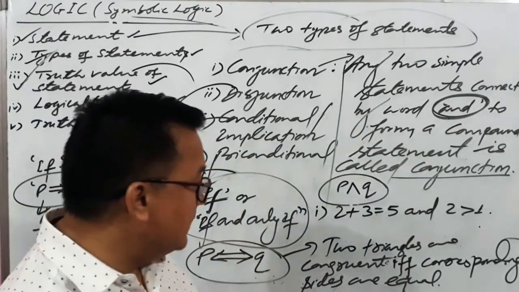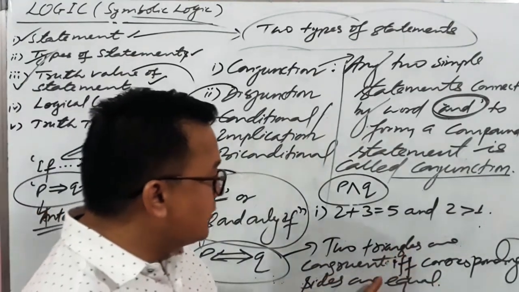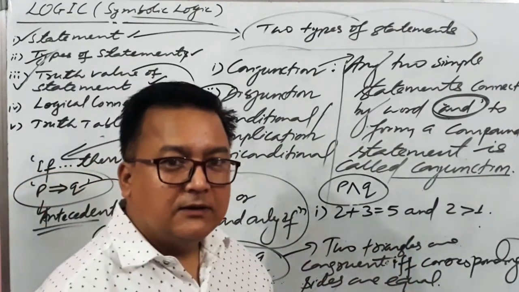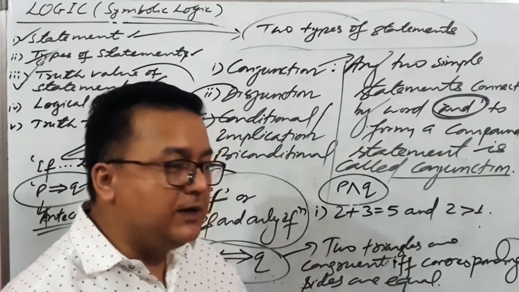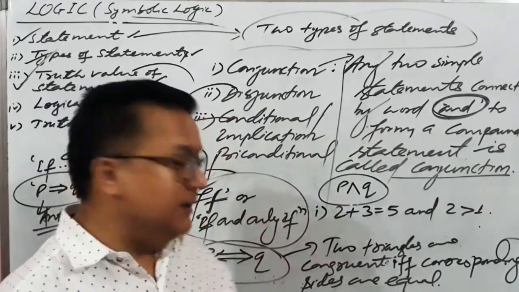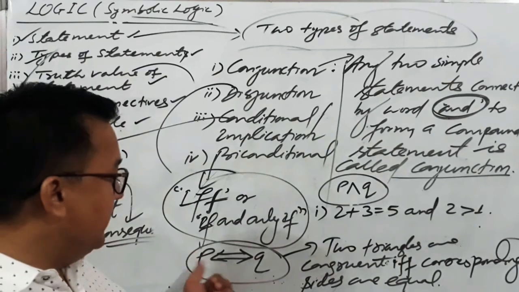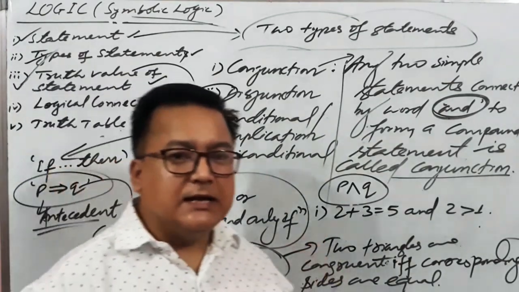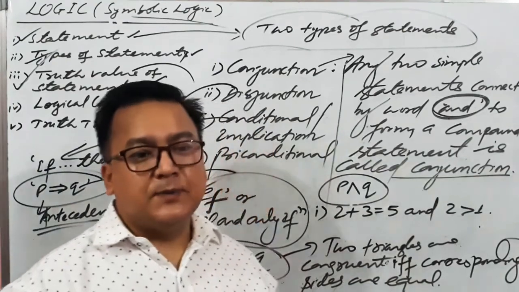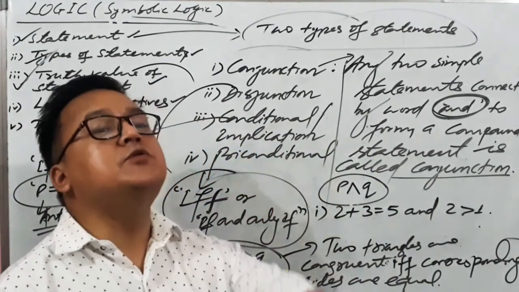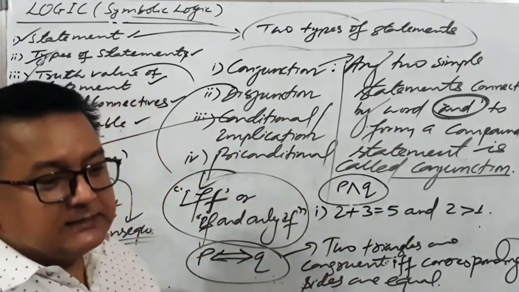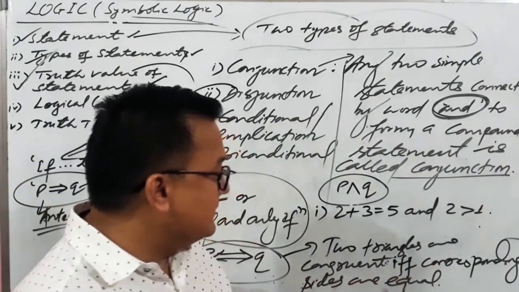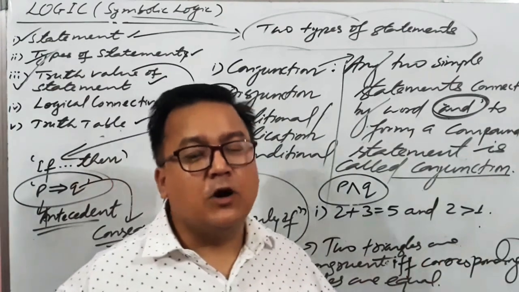In extended form, if P then Q and if Q then P. If two triangles are congruent then corresponding sides are equal, and if corresponding sides are equal then two triangles are congruent, right?